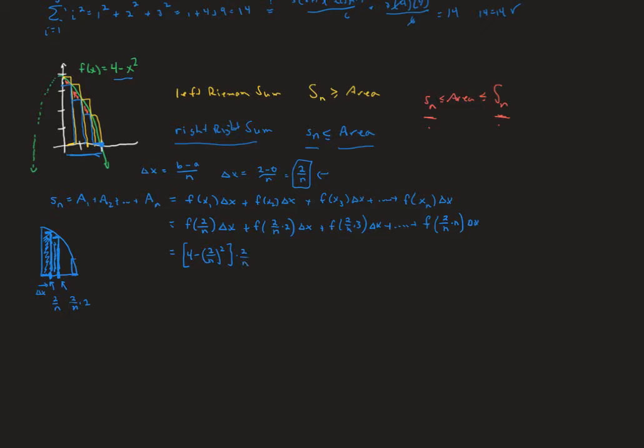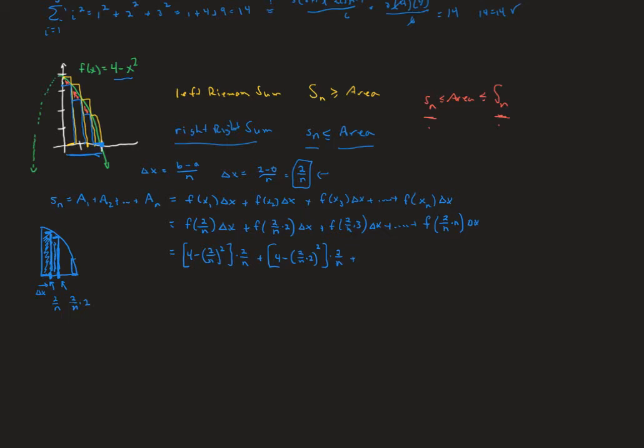So there we have the area of our first rectangle. We're going to do some more work on that. Now the second rectangle, we're going to get 4 minus, and what's going in for x is that 2 over n times 2. That's going to get squared, and then we're going to multiply that by the delta x, which is 2 over n.